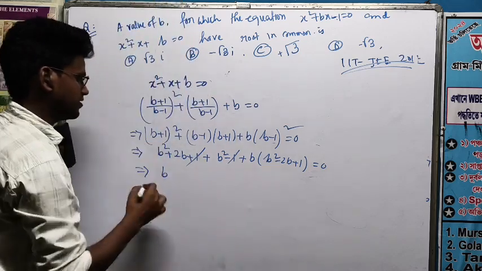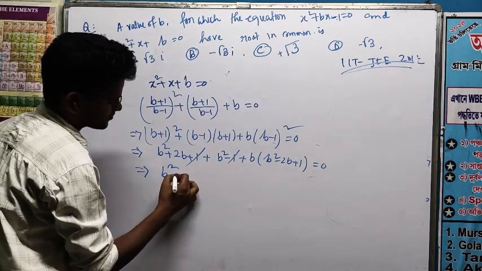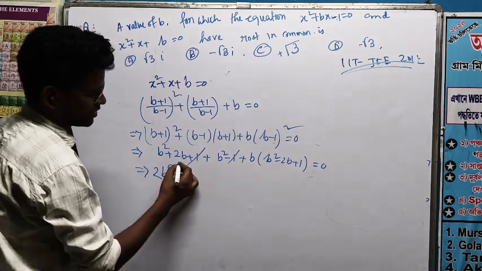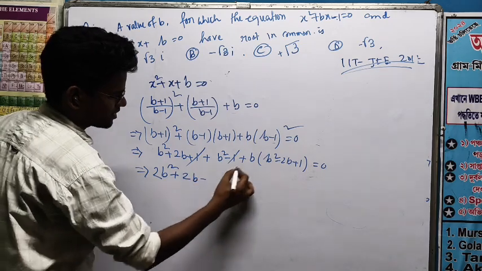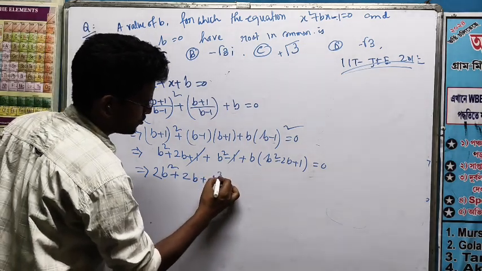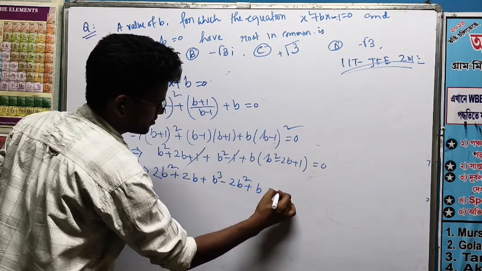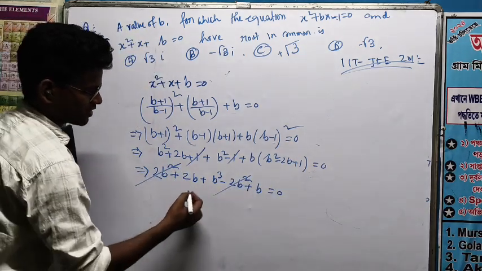Okay, and this is b square, and this is 2b, then multiplying, this is b cube, and this is minus 2b square plus b equals 0, and this cancels out.